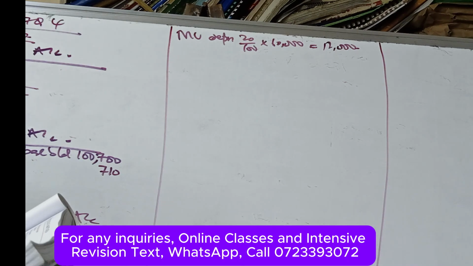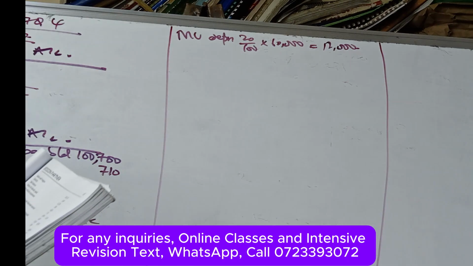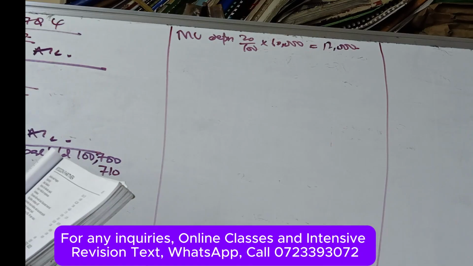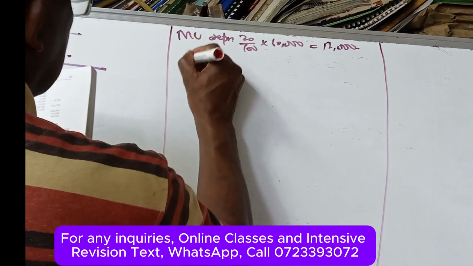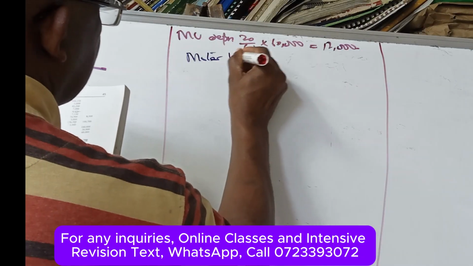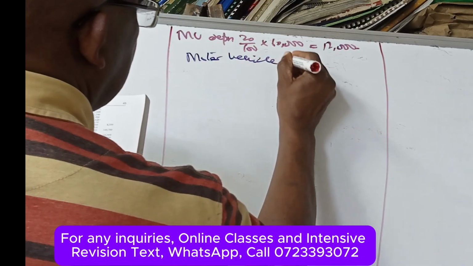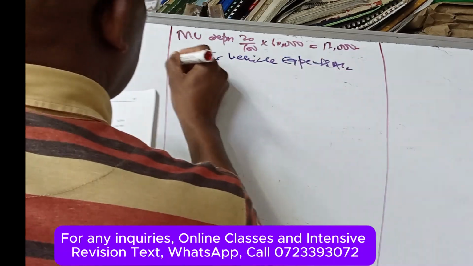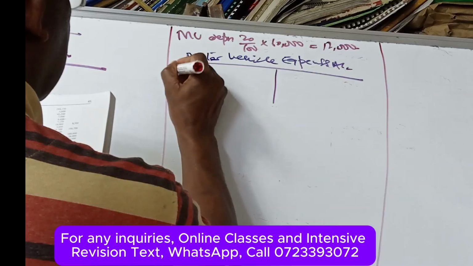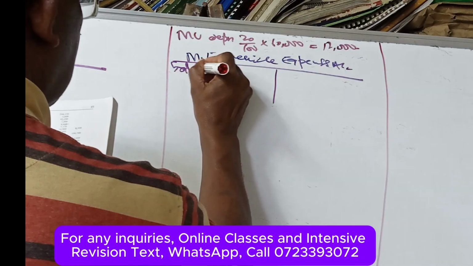Then we are told number 6. As of 30th September 2017, outstanding motor vehicle expenses amounted to 125. So motor vehicle expenses, they were not paid. Some of them were paid, others were not paid. So from the trial balance, we get the balance brought down.